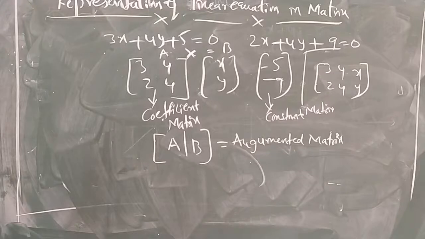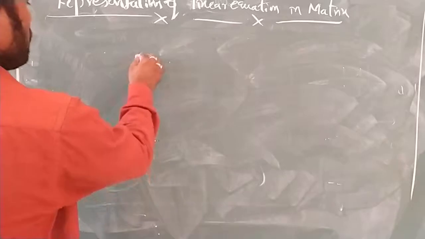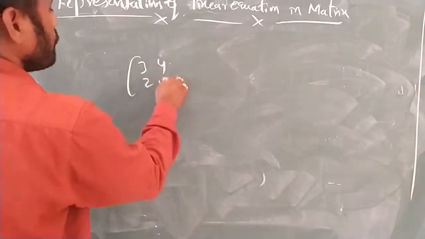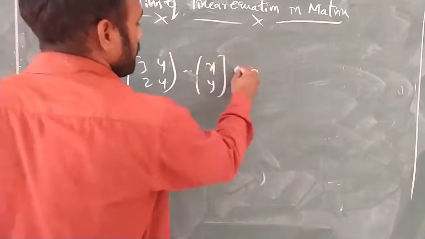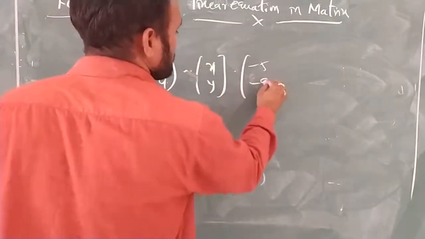So A by B. Previously we have taken here 3, 4, 2, 4 and x, y, and I have said -5, -9.